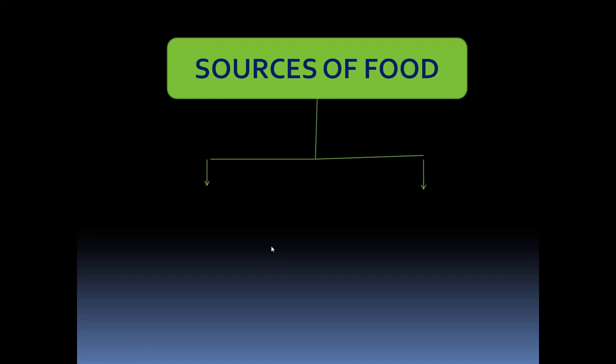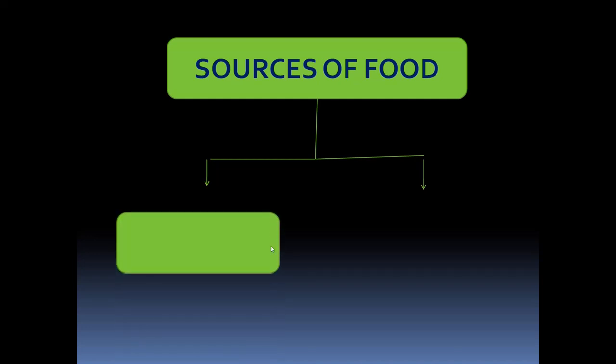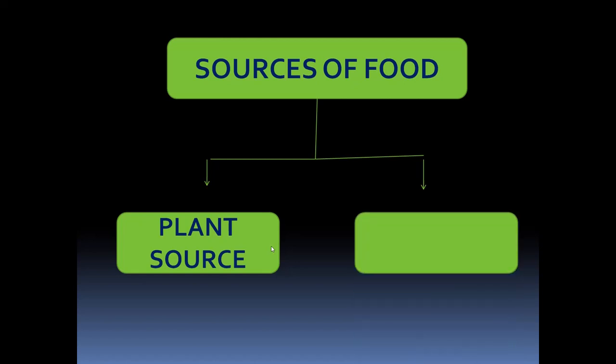Then let us move on and learn what are the sources of food. There are two sources of food. One is from plants and another one is from animals. So plant source and animal source are the two sources of food. Let us learn first about plant source.